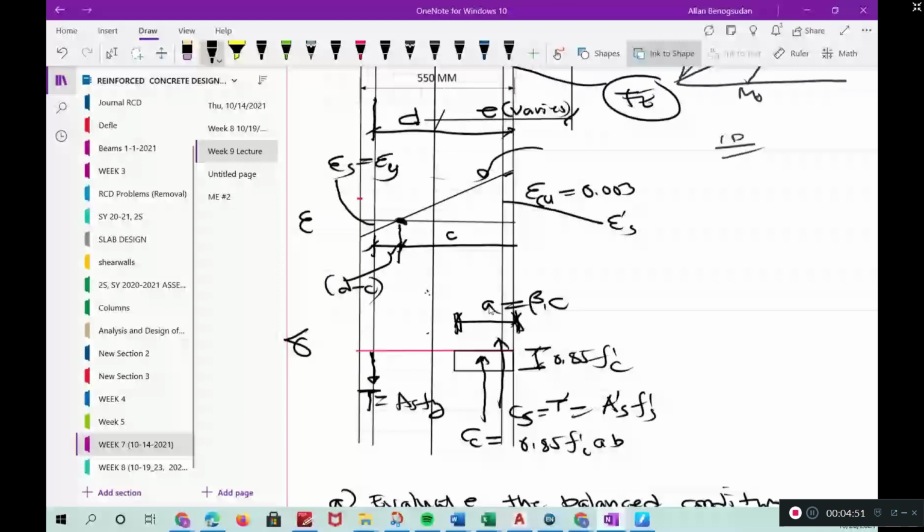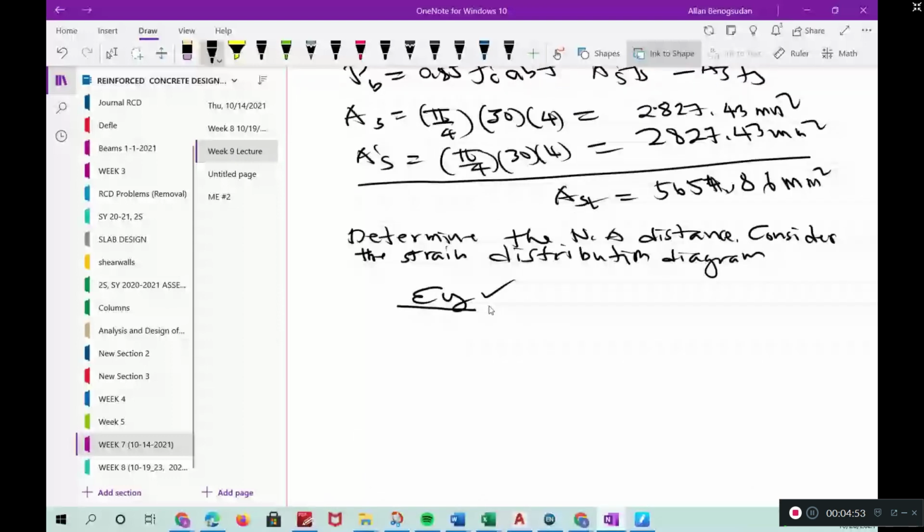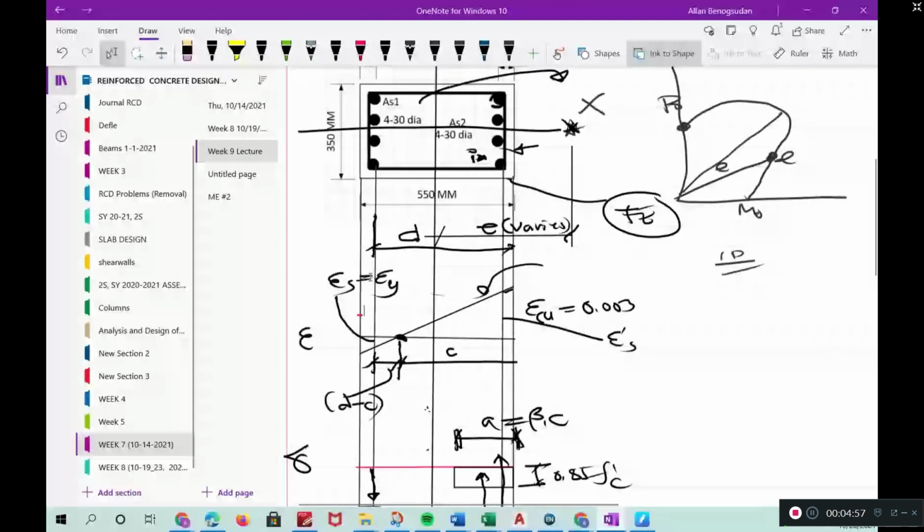E sub y is to c, right? Okay, as E sub S is equal to D minus C. I think that's one thing.